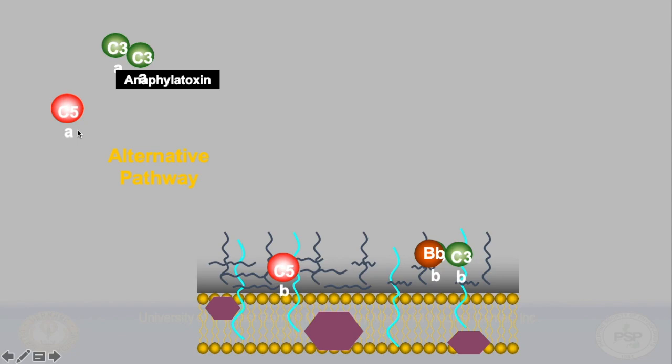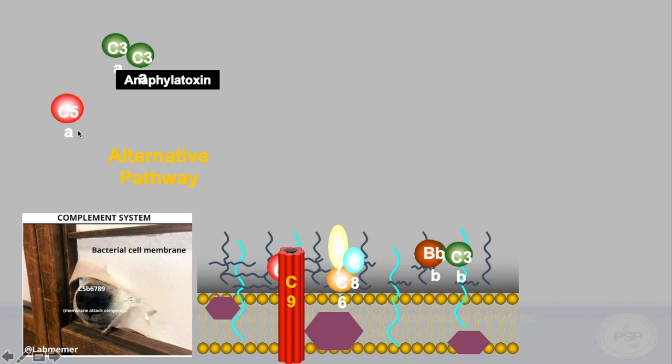C5b, same as with the classical pathway, would form a complex with C6, C7, C8 to form your membrane attack complex, which is your C9. So in both pathways, the end result is you produce a membrane attack complex.